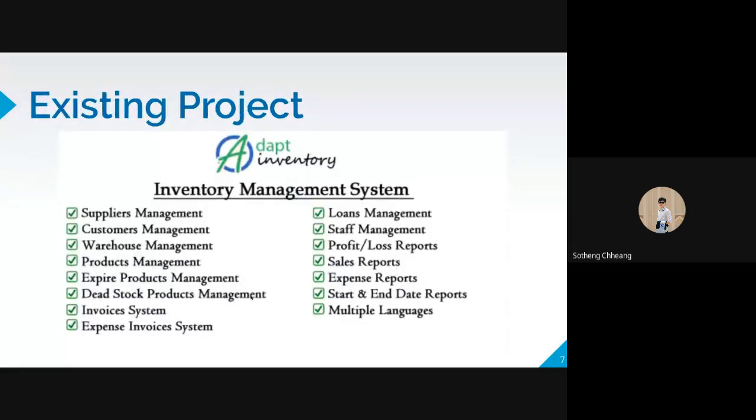So the existing system has that feature. I researched the existing system from Adapt Inventory. It has supplier management, customer management, warehouse management, product management, and a lot of things. It was developed for 2 years, but the 2-year system is still not enough for a big warehouse or a big inventory management system.